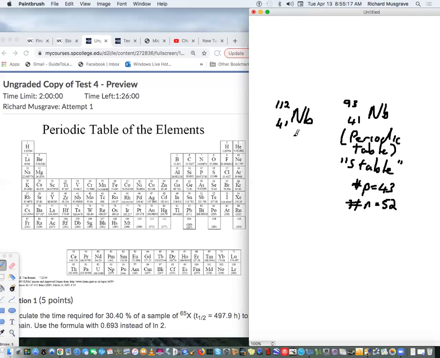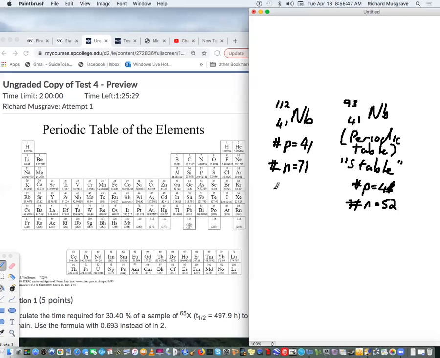Now, this is the one we're actually trying to talk about here. Sorry, I meant to put 41 over here. Sorry about that. The number of protons is 41. The number of neutrons, though, is going to be 71, once I do a little math here.